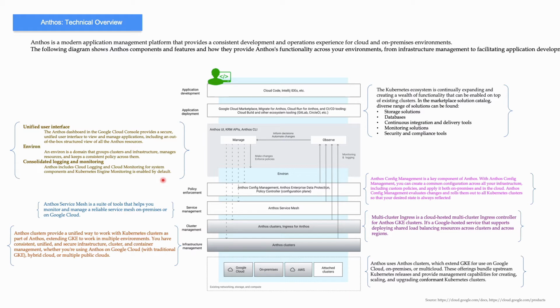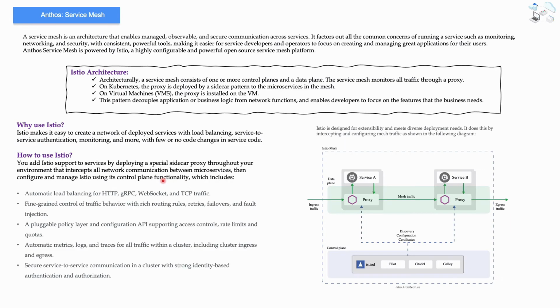Now let's look at what a service mesh is, because it's one of those catchy words in the industry right now, that you require a service mesh. But what is a service mesh? A service mesh is an architecture that enables managed, observable, and secure communication across services.